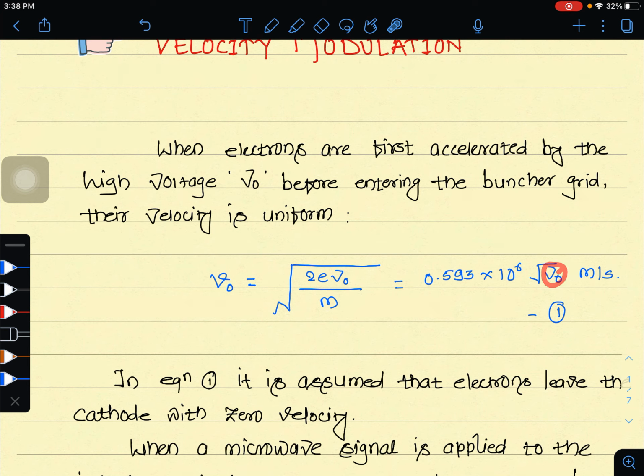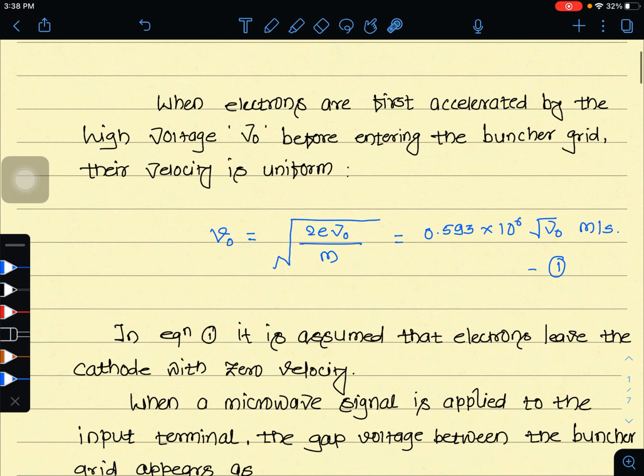Why? Because we don't know the value of V0, that is, the voltage by which the electrons are accelerated in the buncher grid.